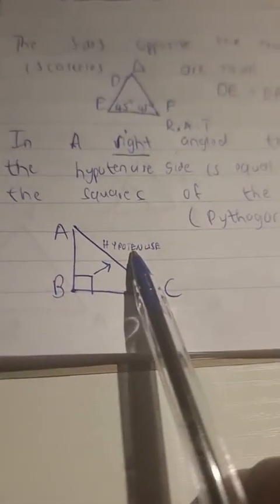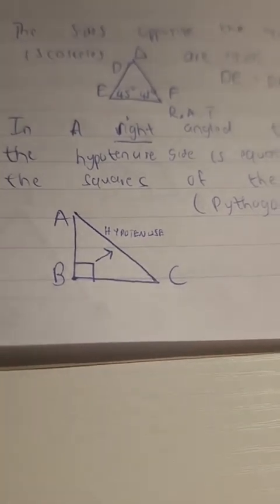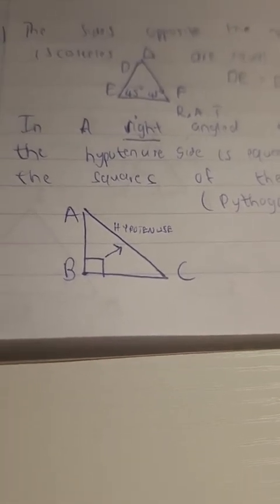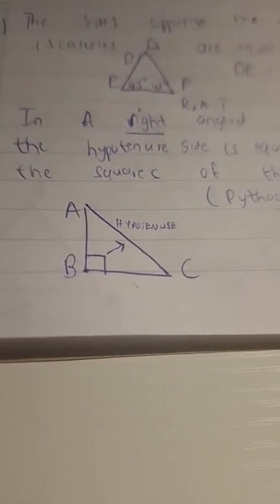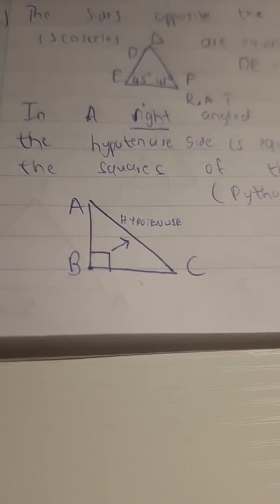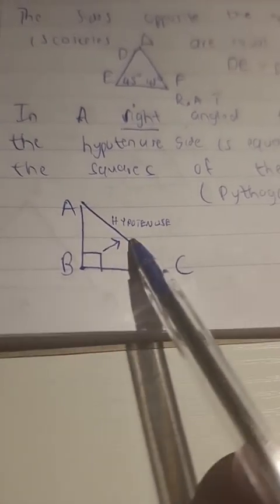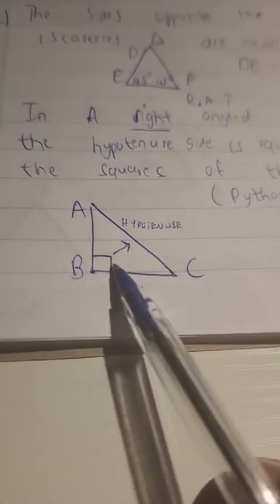The hypotenuse is the longest side of the triangle. Which means these two sides will never be longer than the hypotenuse side, because the hypotenuse is the longest side. And the hypotenuse is always opposite the 90-degree angle.